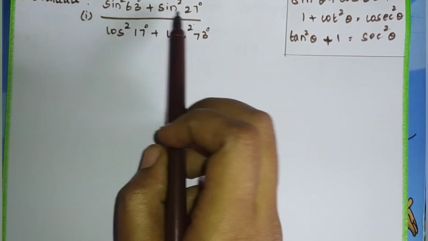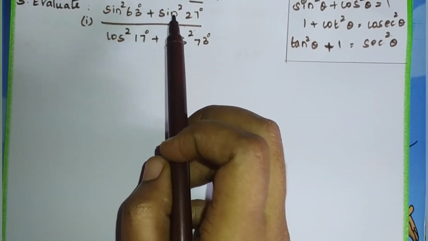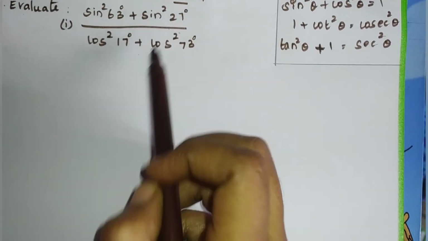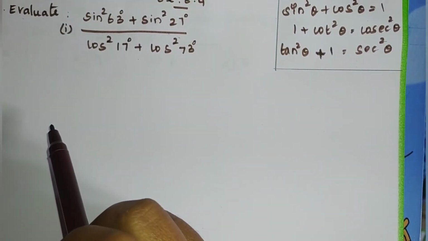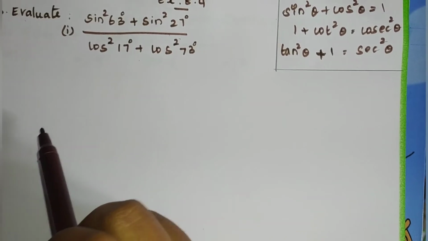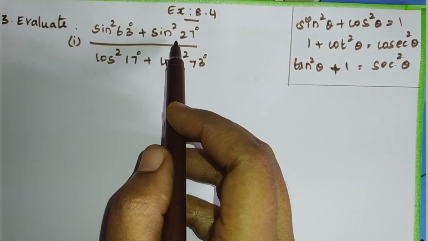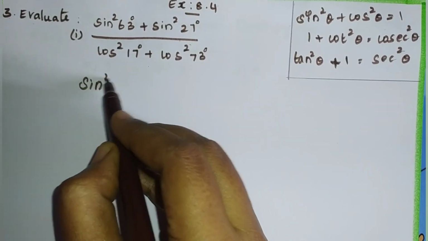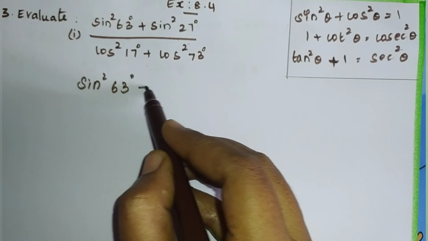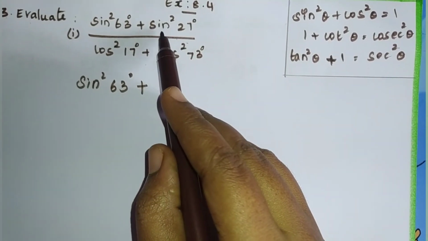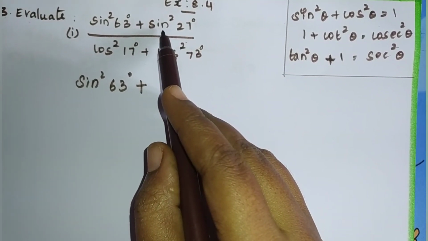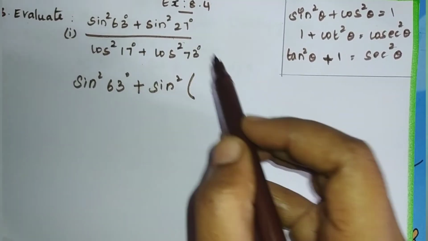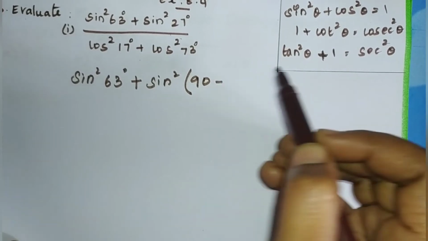So any one term you have to change into cos. How can we change it? By the complementary angle. I'm going to change this one and keep the first one as it is. Sine square 63 degree plus sine square, keep that as it is, and write 27 as 90 minus a complementary angle.